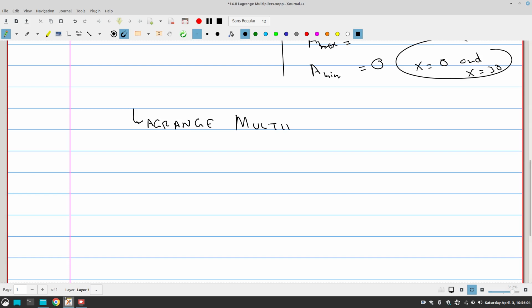Before that, we have to get used to the concept of level curves and level surfaces.